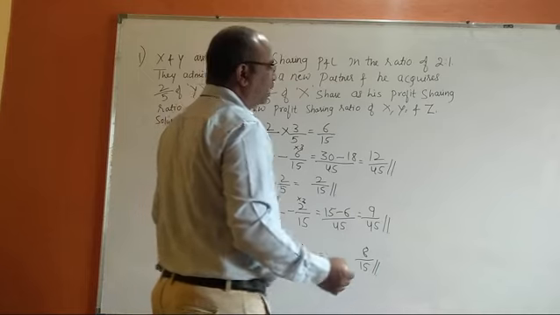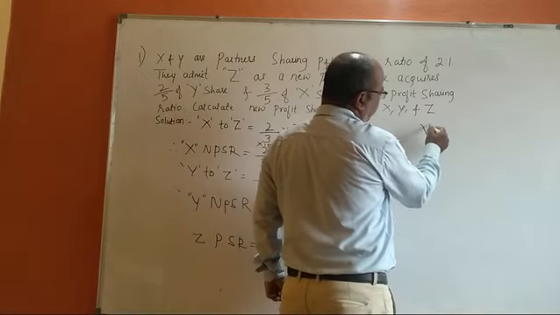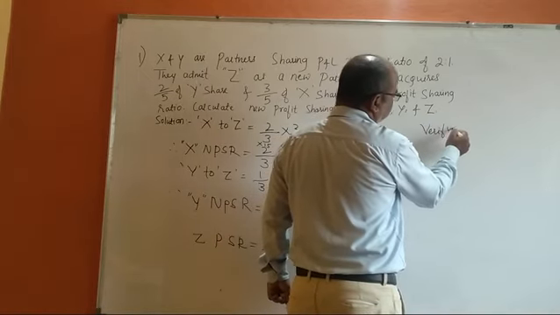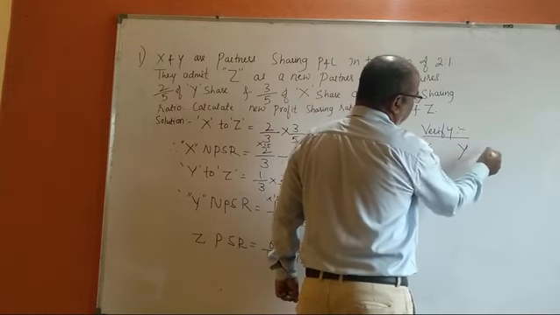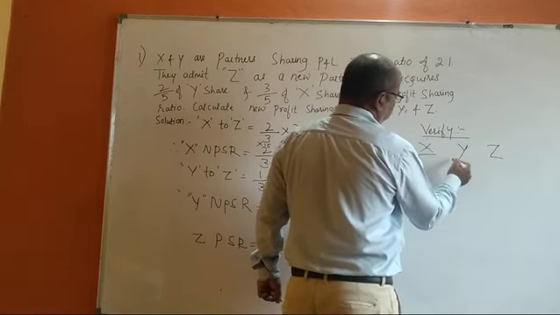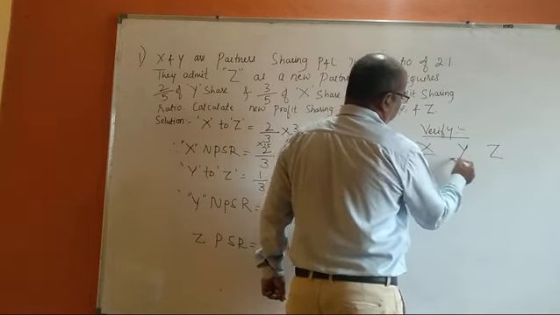If you want to verify X, Y and Z: X's new profit sharing ratio is 12/45, Y's is 9/45 and Z's is 8/15.